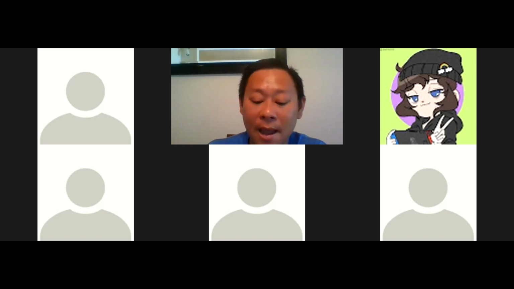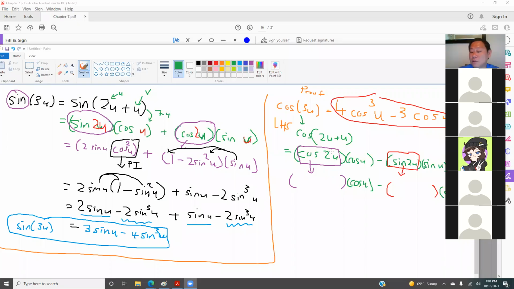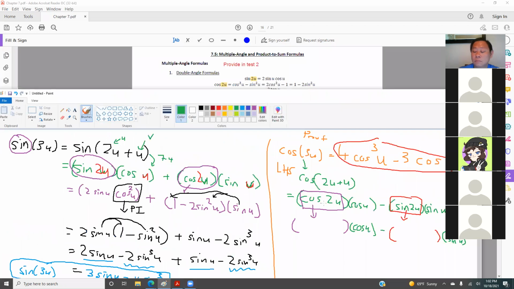Okay, so this is what you do. Cosine of 2u plus u is cosine 2u times cosine u minus sine 2u times sine u. That's what you told me, right? Yes. So for the cosine 2u, you can use the double angle formula here, and we have 3 of them.